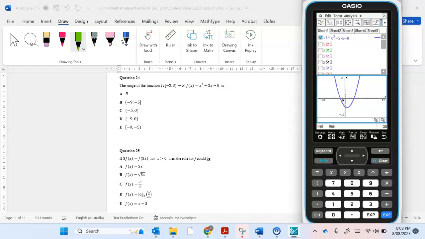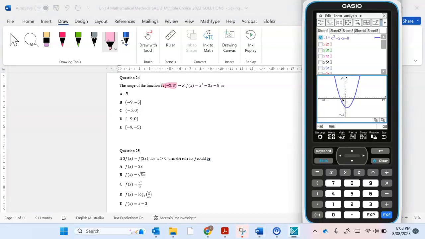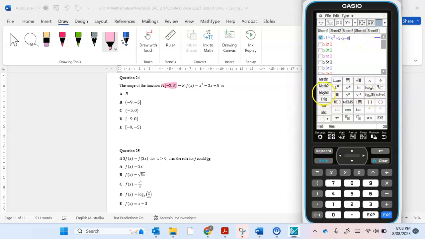Now we've got this restricted domain, which is always there to make sure that you understand what the domain means. So on your graph, you can just restrict that domain, given that x is between -2 and 3. I need to go back and use the right inequality sign.